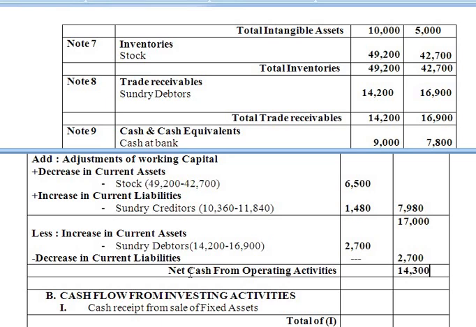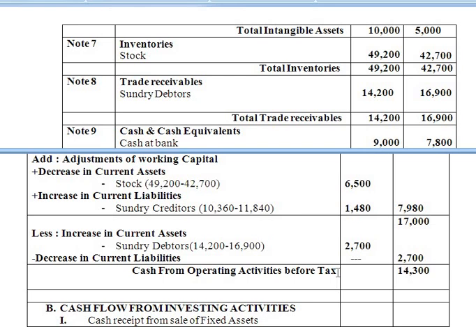So this is the cash from operations before tax. Next line, deduct the tax amount if it is given in the problem. But in the problem they have not given the amount of tax paid, so put a dash here.